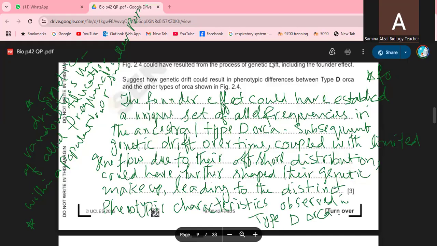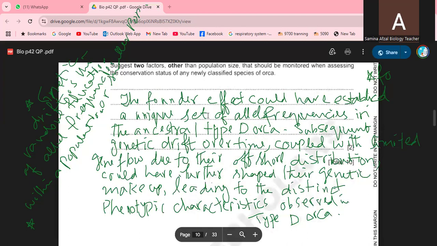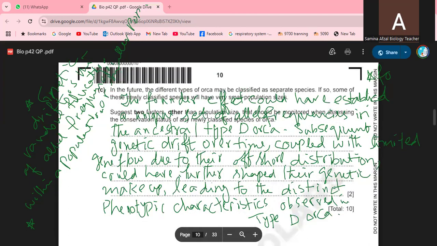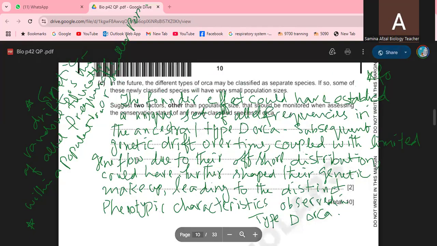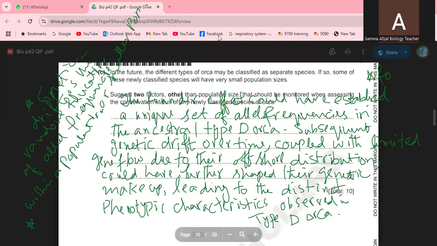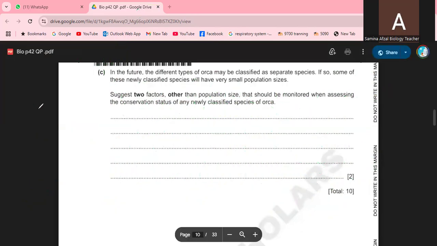Now, the next question. In the future, the different types of orca may be classified as separate species. If so, some of these newly classified species will have very small population sizes.